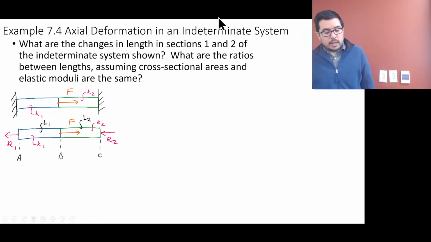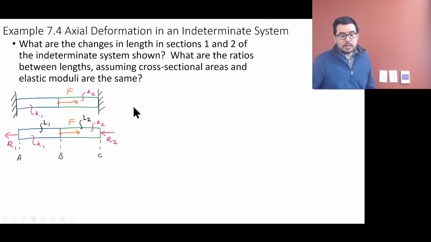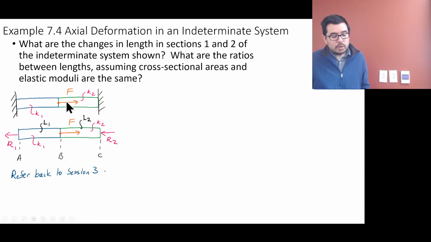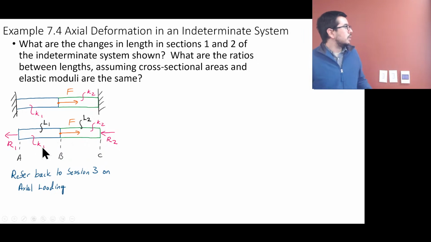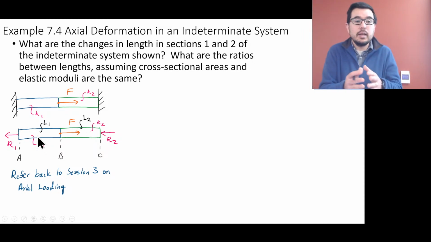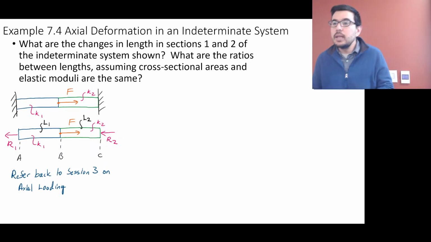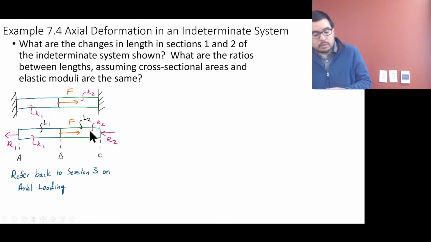Let's go back and look at axial deformation in an indeterminate system. This is one that we did previously in session 3, where if I have a force here and I know the stiffnesses of these members, we're able to figure out what the relative internal forces are going to be in comparison to F. If it's stiffer on the K1 side, section 1, it's going to have more internal force.